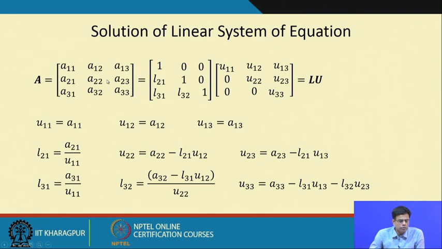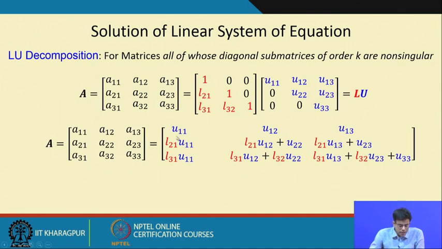If you compare these two matrices from the previous slide, U11 and A11 should be the same, U12 and A12 should be the same, U13 and A13 should be the same. Similarly, A21 we can write as L21 U11. So once we know U11, we can directly find L21 by dividing A21 by U11.